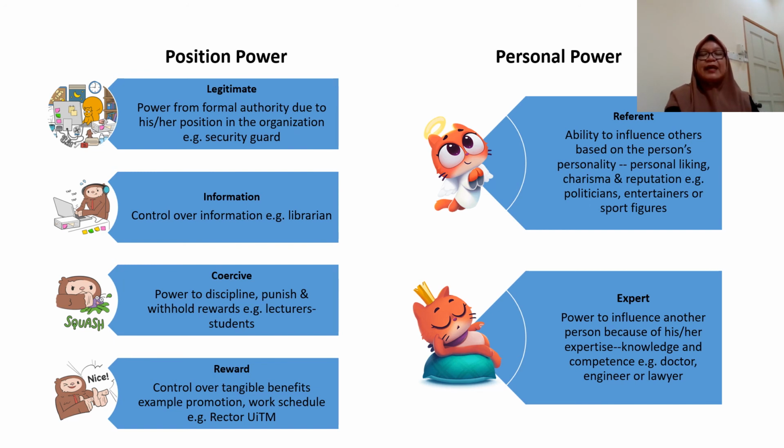Okay. And the second type of power is personal power, the power that you get because of yourself, not because of another organization. Okay, the first one is referent power, the ability to influence others based on the person's personality, personal liking, charisma, reputation, and so on. Meaning to say that you will have referent power because people like you, people like your personality, people like you because you have charisma.